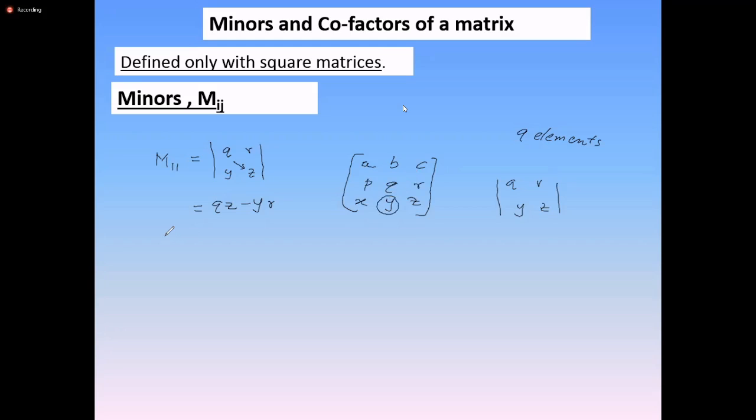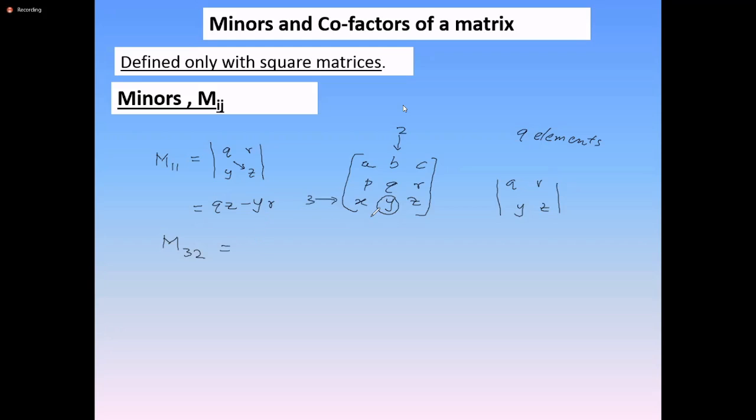Its minor is symbolized by its position: Y is in the third row, second column. Then it is denoted by M32. Then what is the minor value?